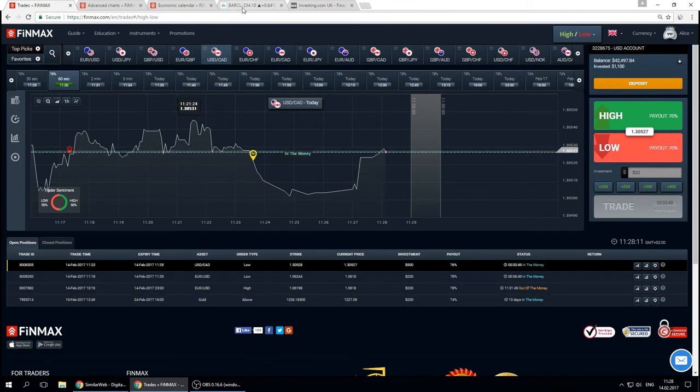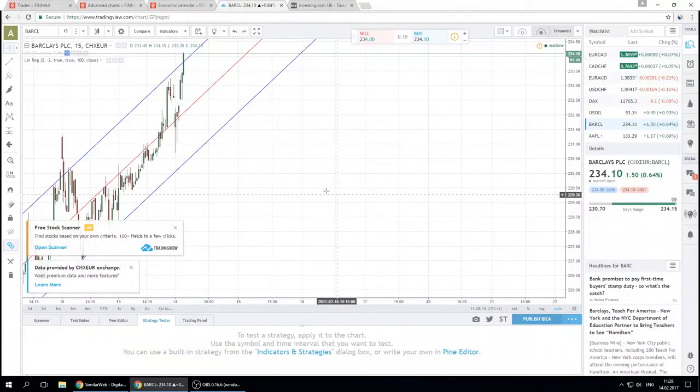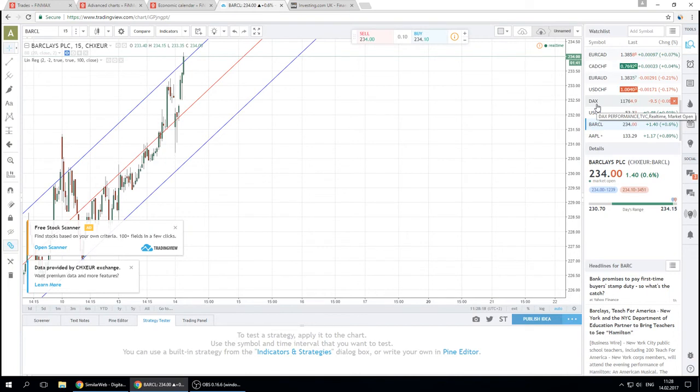Sometimes prices can change dramatically within a short period of time when somebody says something. We especially pay attention when heads of banks speak, such as Draghi or Carney.